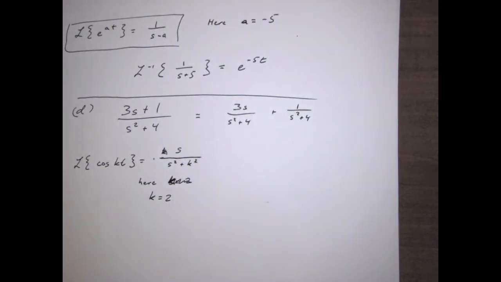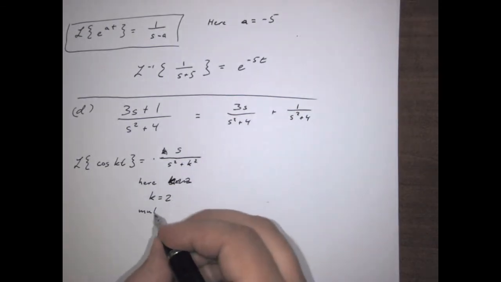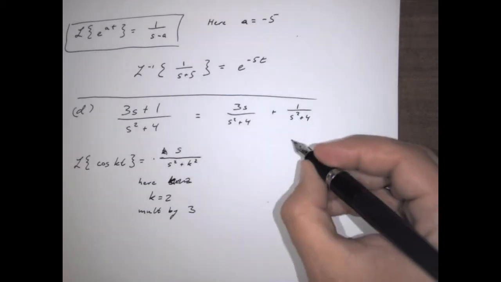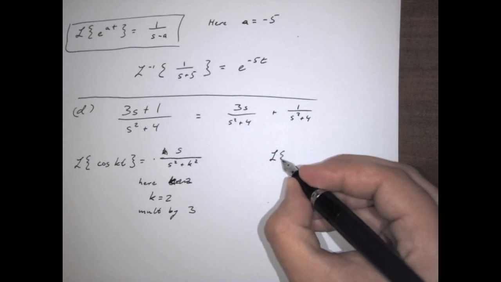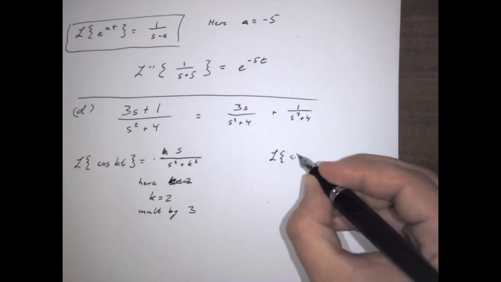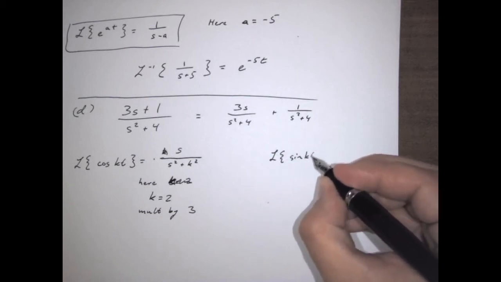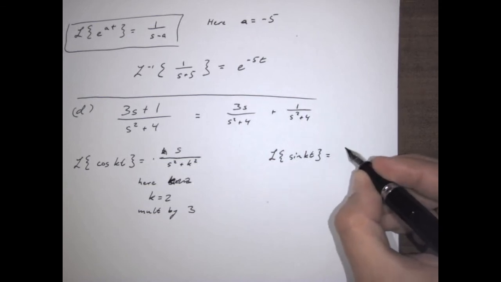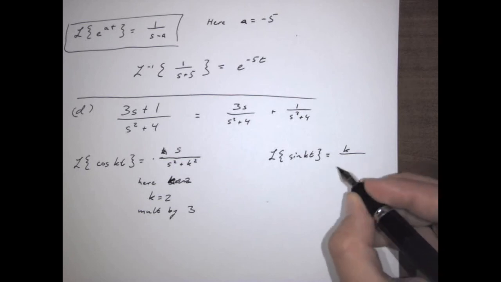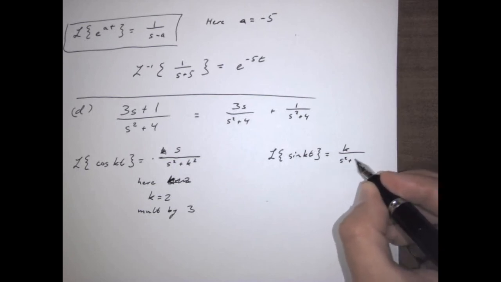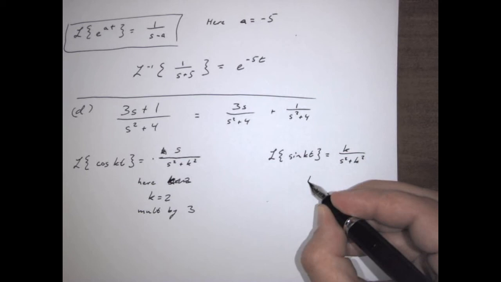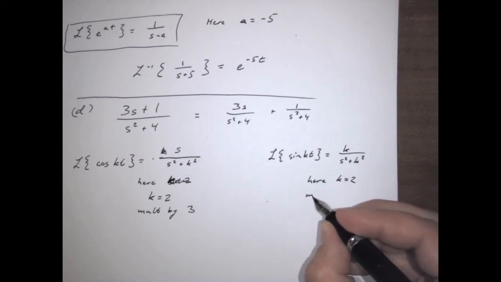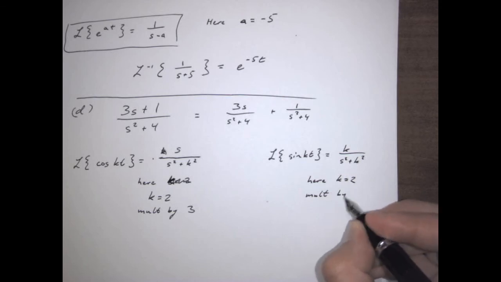So here k equals 2, and we multiply by 3. Over here we have something that resembles the sine, but that has a factor of k on the top instead of just a 1. So we're still going to have k equals 2, and we're going to have to multiply by 1/2.